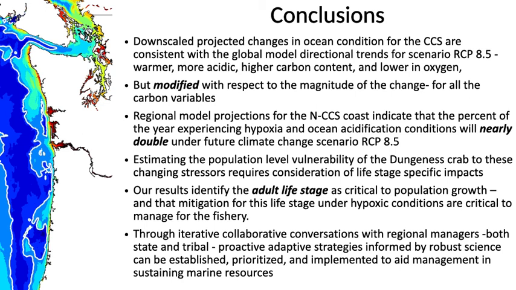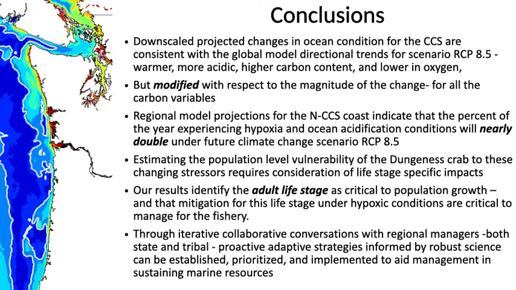We used a population-level vulnerability approach from Hodgson et al. 2016, further refined by Halley, to estimate the population-level vulnerability of Dungeness crab to these changing stressors, and found that it does require consideration of life-stage-specific impacts, as they inhabit different regions of the water column at different times, which experience very different exposures.